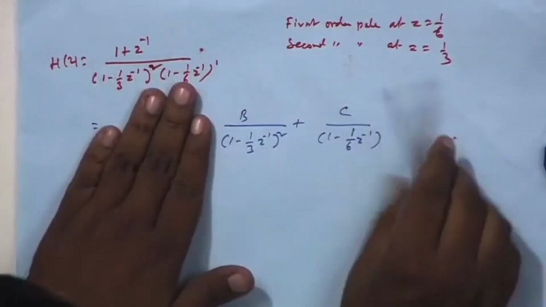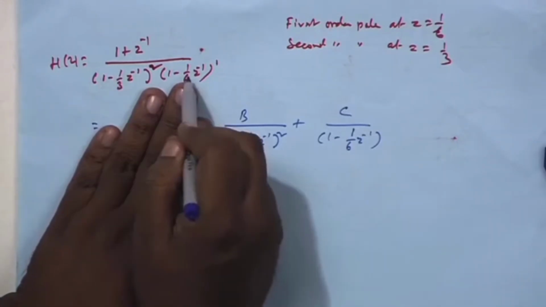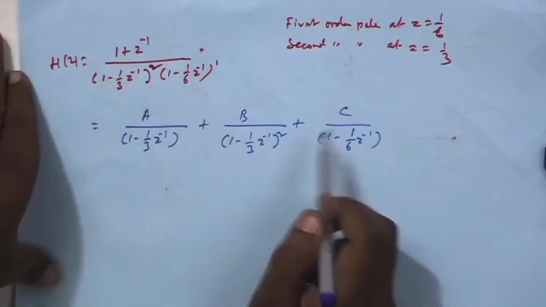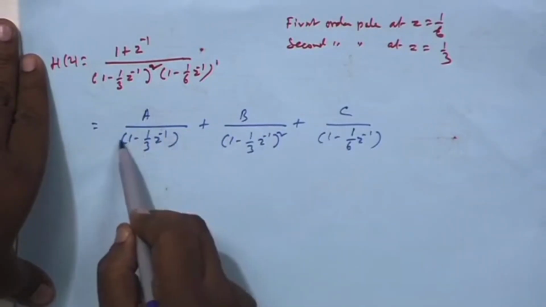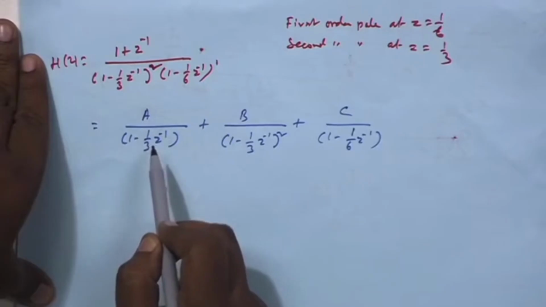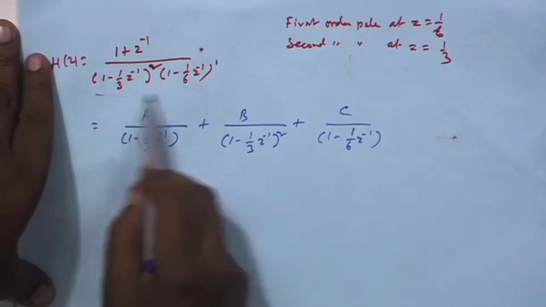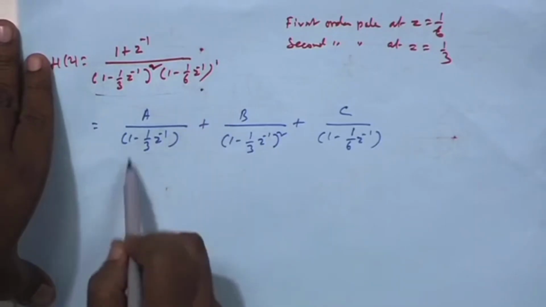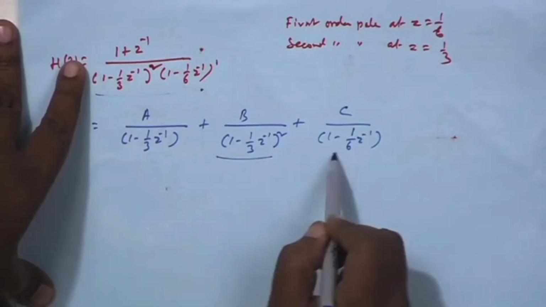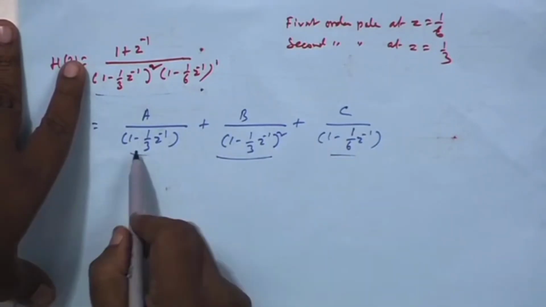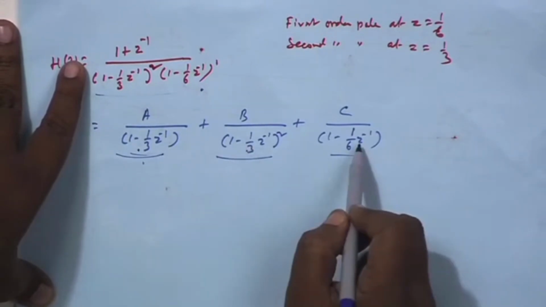How about this? This is okay, the denominator will be the product of this, but along with these two, even if I have A by the first order factor, still the denominator will be this product, because it is the LCM of the 3 terms. So, this, the square of this, and then this.